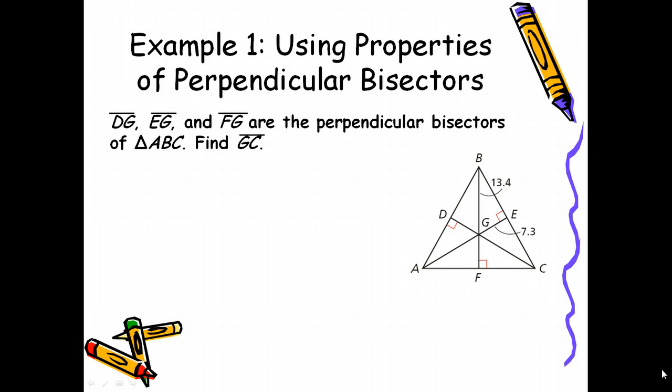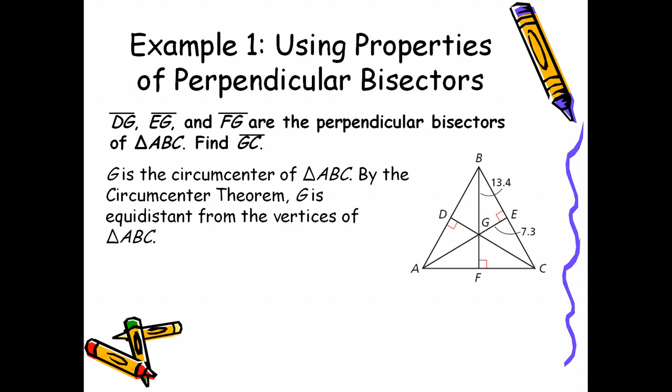We want to find the length of GC, this one right here. Since G is the circumcenter of ABC, by the circumcenter theorem, G is equidistant from the vertices of ABC. So AG, BG, and CG would all be the same.